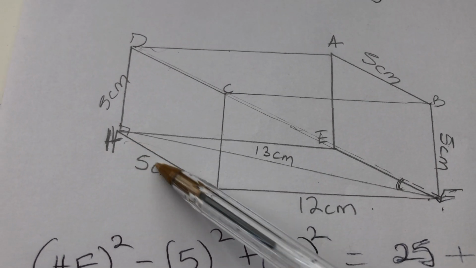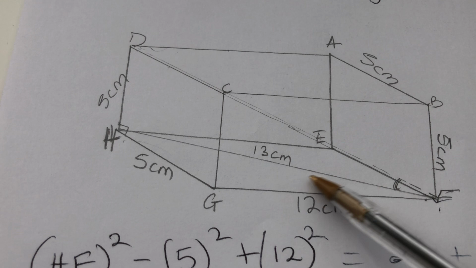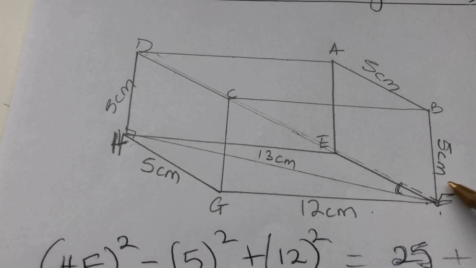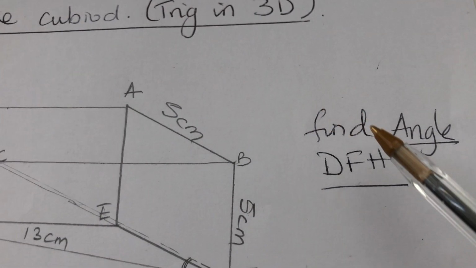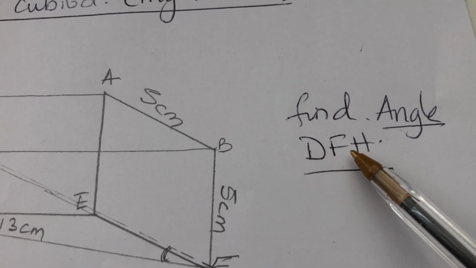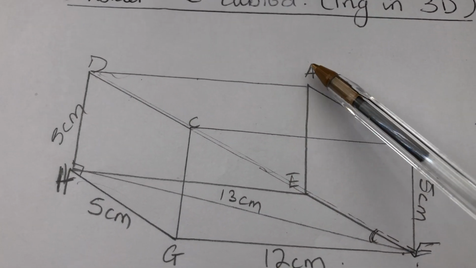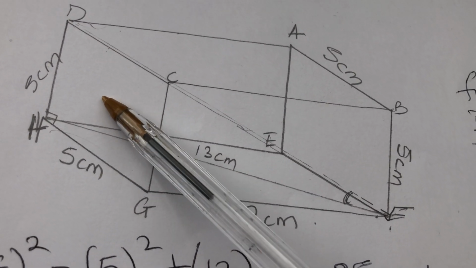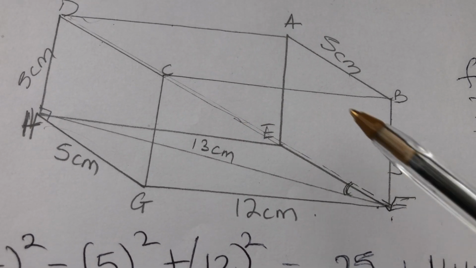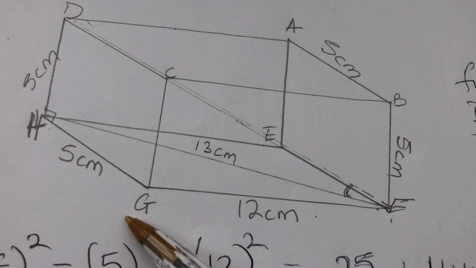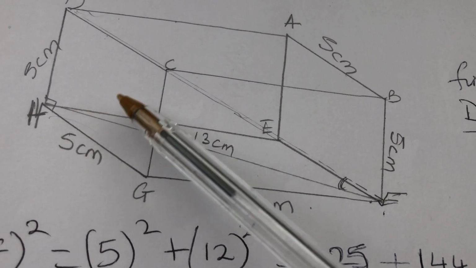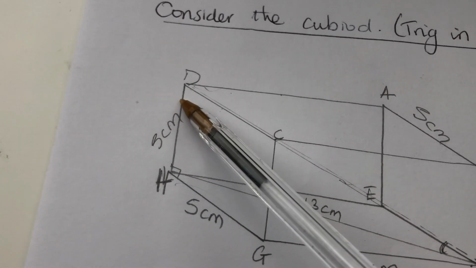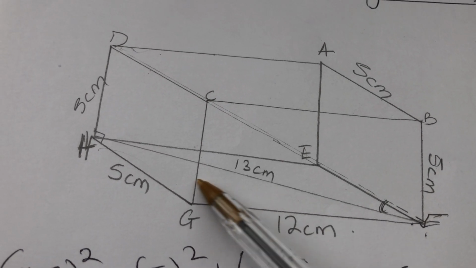I'm going to use 5 centimeters and 12 centimeters to find the length from corner H to that corner, because we are supposed to find the angle DFH. So this is A, B, C, D, then E, F, G, H. The angle is D, F, and H.